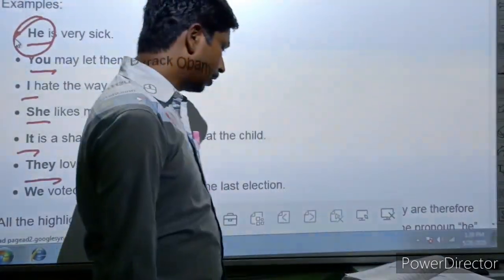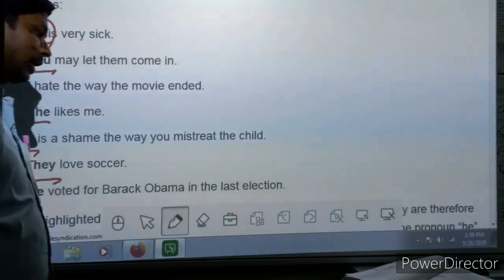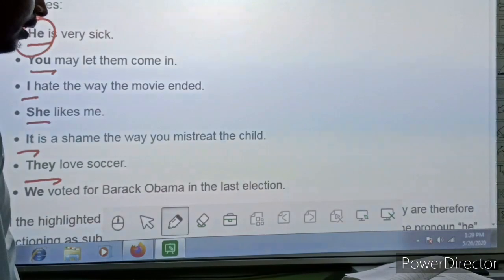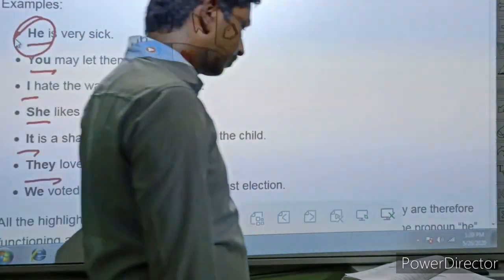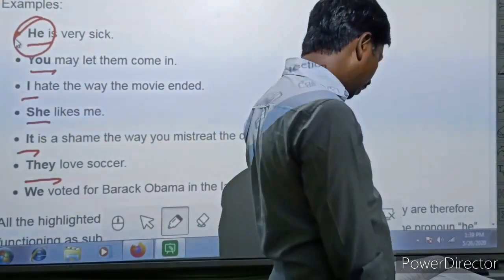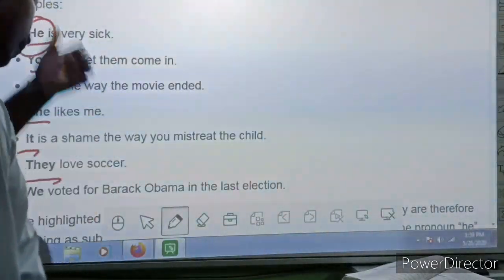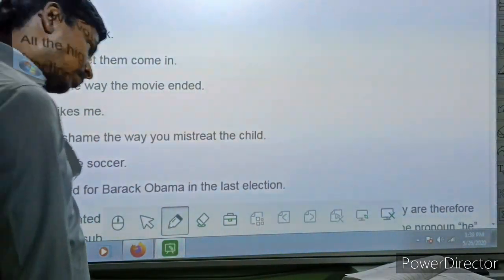After that, a personal pronoun should be singular in number or neutral gender when it is used for a collective noun that is viewed as a whole. For example, I am going to write on the board.